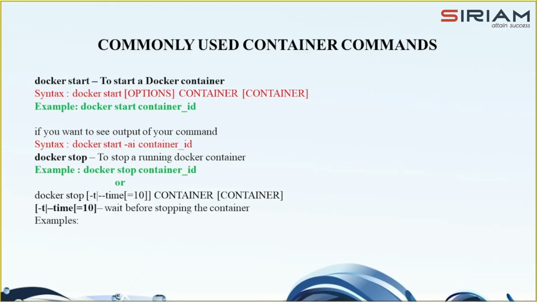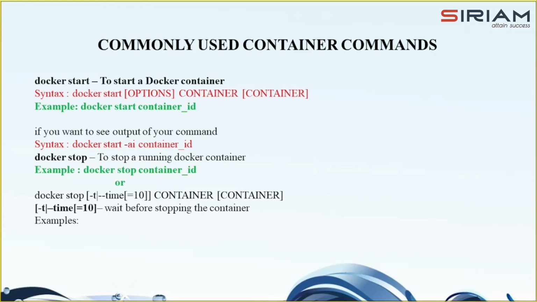Right? Next is the docker stop command. It stops a running Docker container. So docker stop halts the execution of one or more running containers. You provide the container ID or name of the containers you want to stop as arguments.